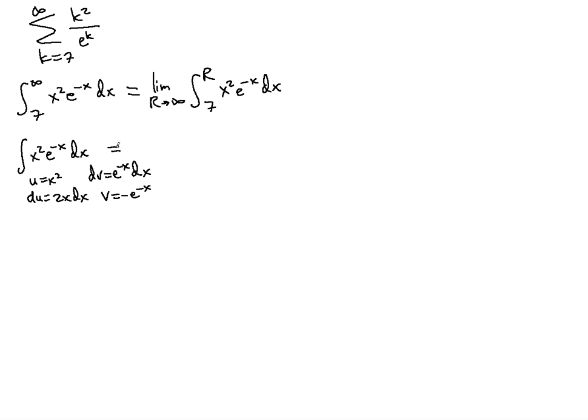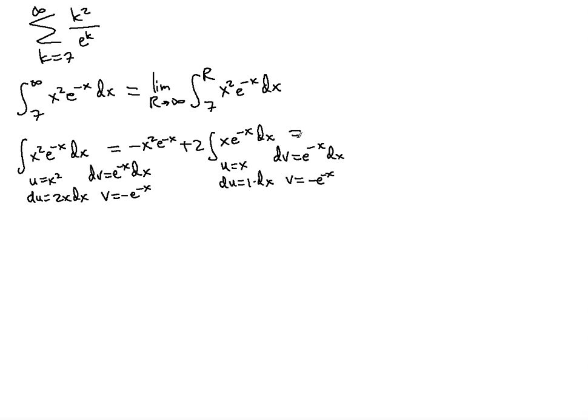This gives us negative x squared e to the negative x minus v du, which with that minus gives plus 2x e to the negative x dx. Using integration by parts one more time, u is x, du is 1 dx, dv is e to the negative x dx, v is negative e to the negative x.